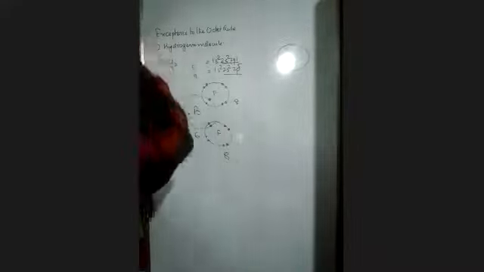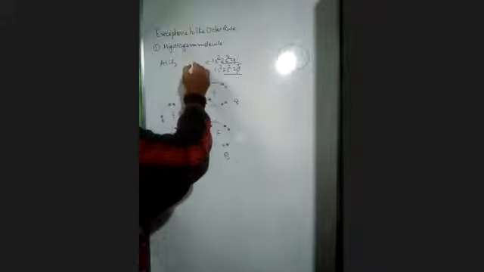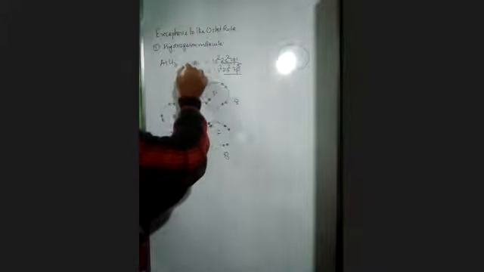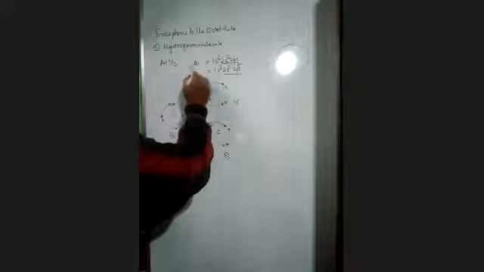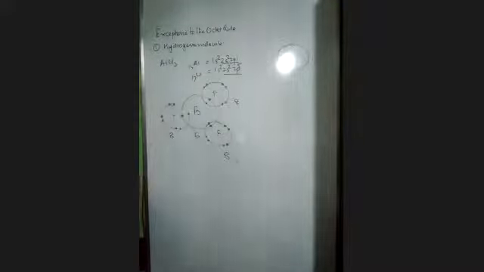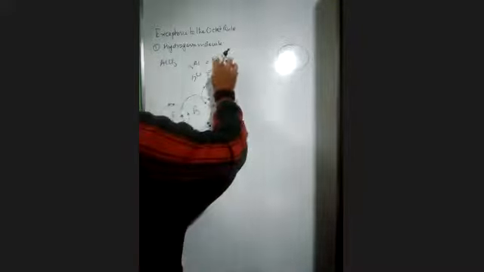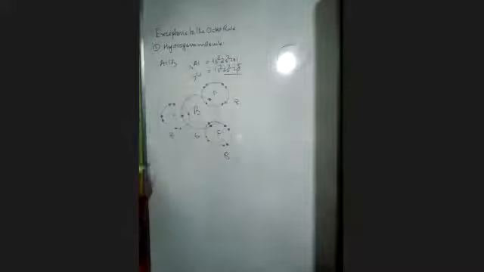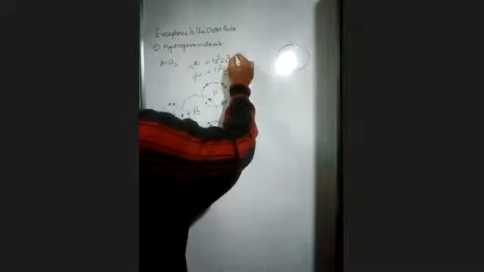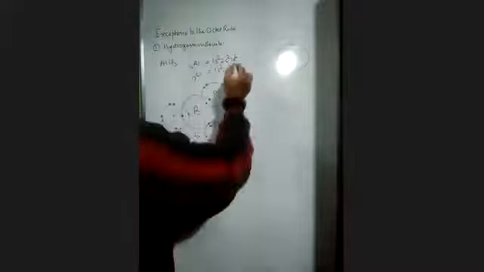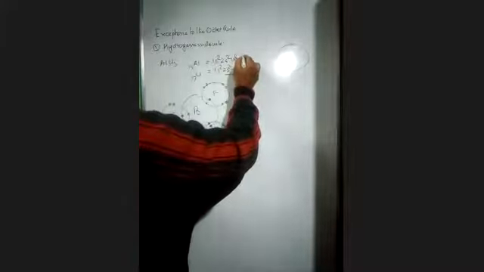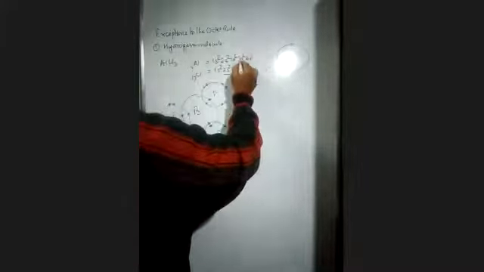AlCl3. Aluminium is 13: 1s2, 2s2, 2p6, then 3s2, 3p1. This is the valence shell.